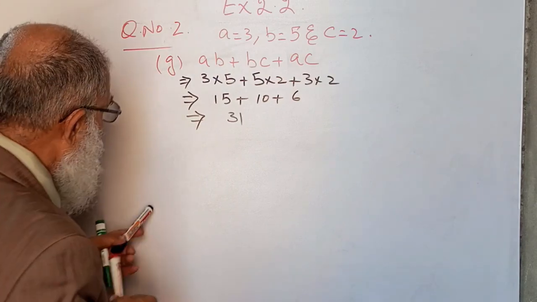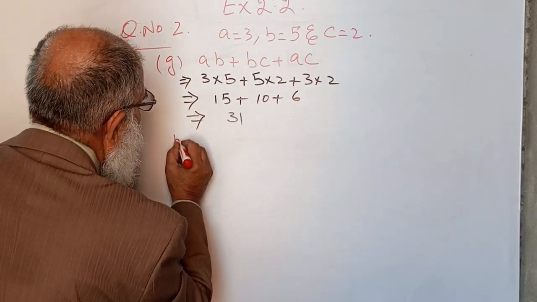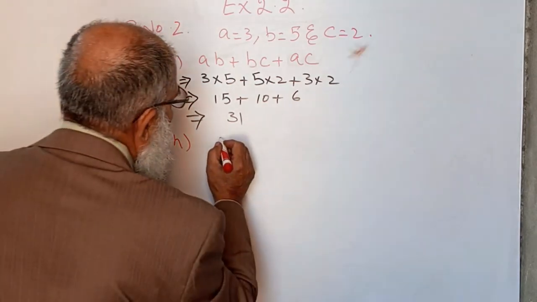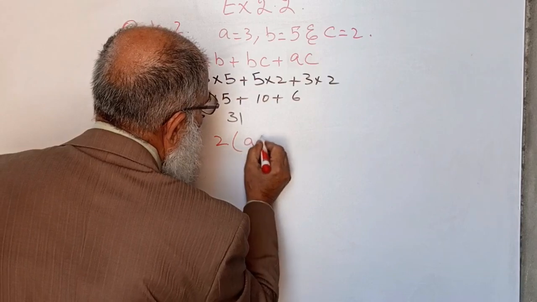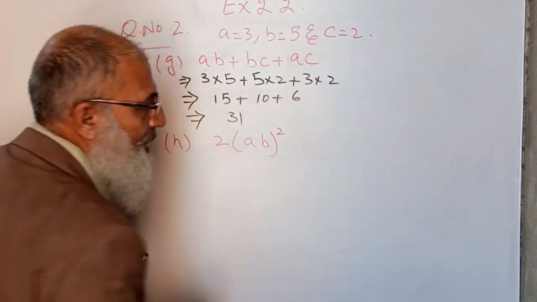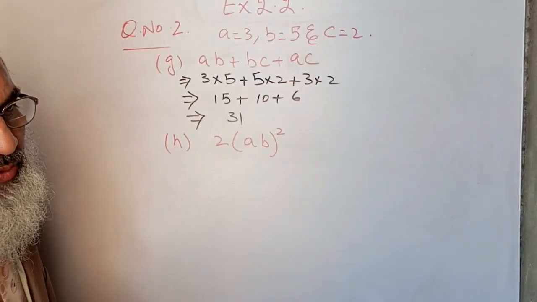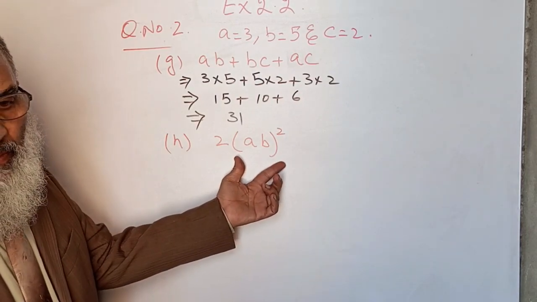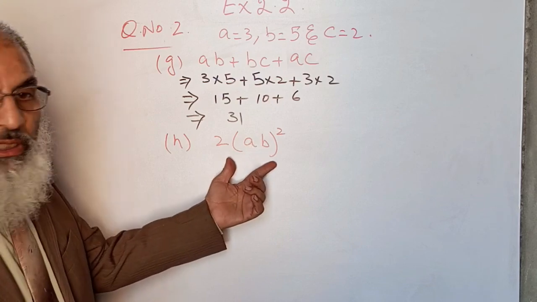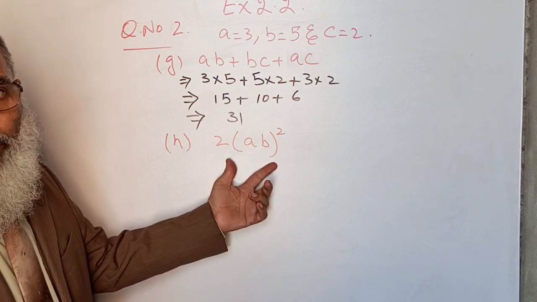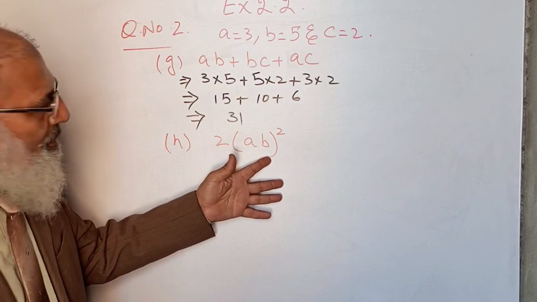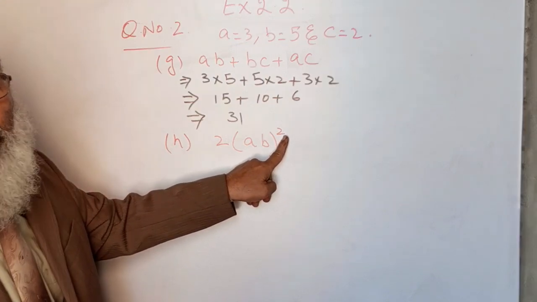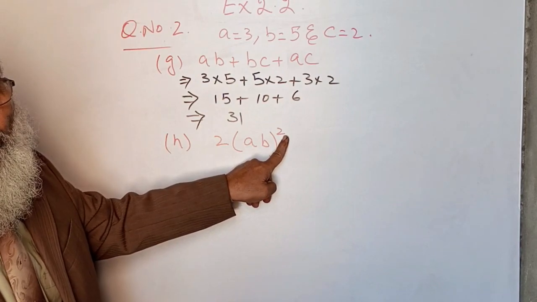Part H. Interesting question once again, and there is something new in this question. You see that AB is enclosed in this bracket, and it is raised to power square or 2.